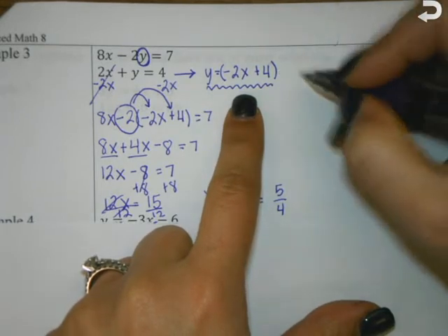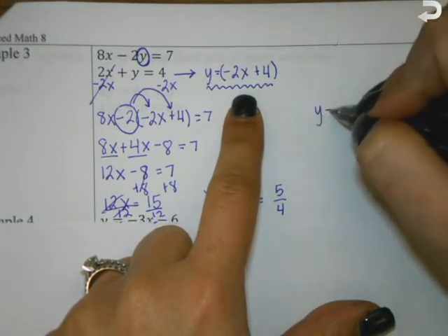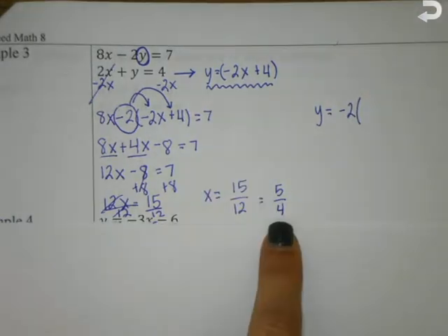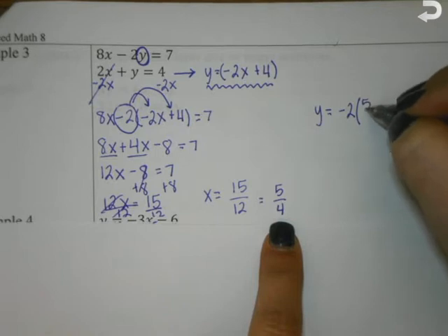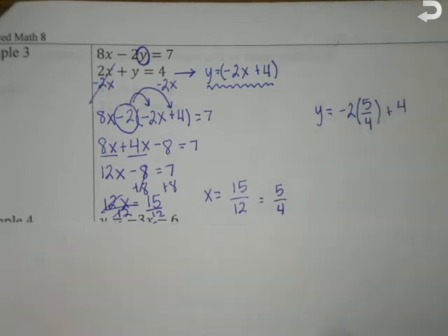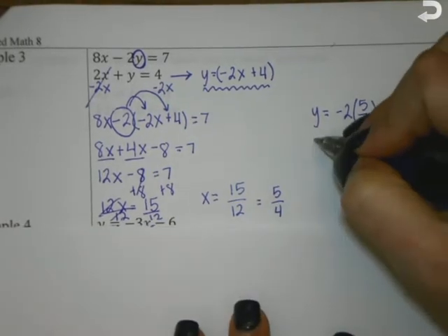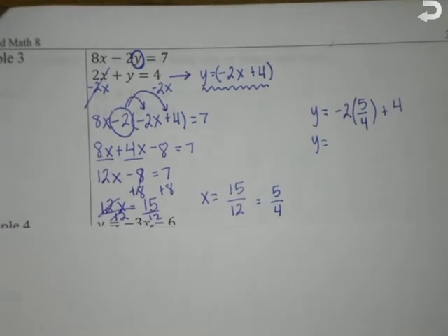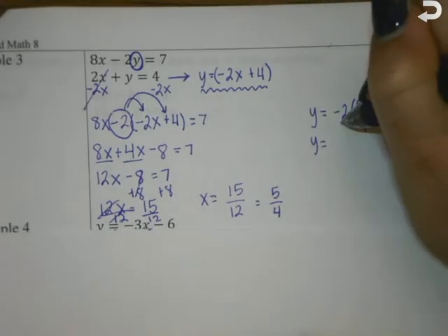So that's going to give me y equals negative 2x plus 4. What did we figure out x was? 5 over 4. So y equals negative 2 times 5 over 4, plus 4. What's that going to give me? Negative 2 is the same as negative 2 over 1.